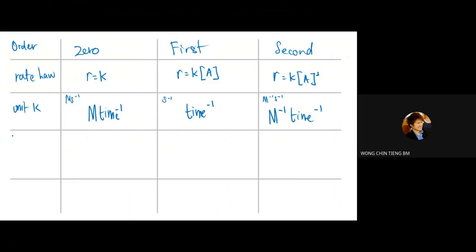Next, integrated rate law. Alright, kita bincang yang ni lah, tapi kita tak buat soalan lagi. So hari ni kita akan buat soalan. Integrated rate law of 0 order. Tak payah tengok nota tu, tengok saya. Next. A0. KT. ln A0. ln AT.